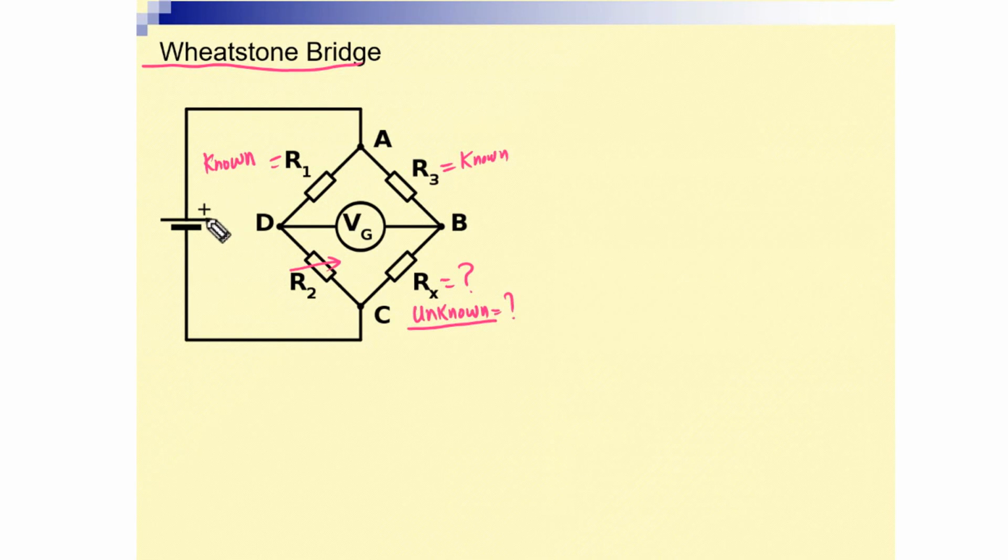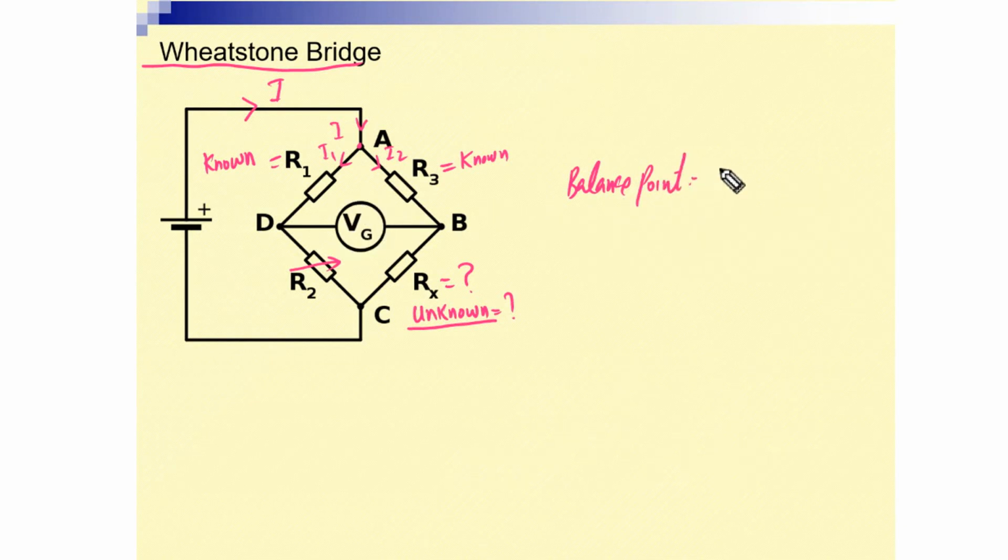Let's say this is the positive terminal, so it means current will flow in this direction. At this point, according to Kirchhoff's First Law, I will split into two parts. Let's say this one is I1 and this one is I2. Now this is a galvanometer, so we have to find the balance point.